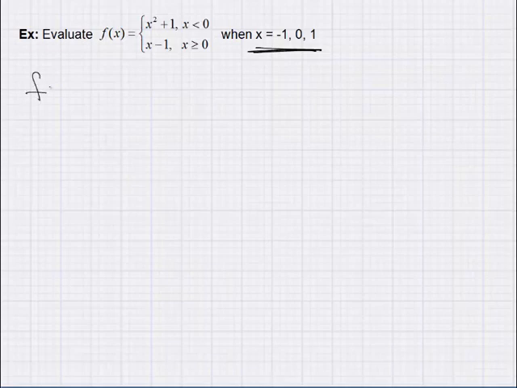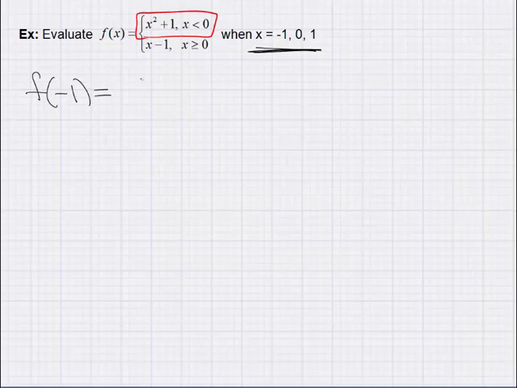Let's find f of negative 1. Well, if we want to find f of negative 1, I've got to know what piece to evaluate this function with. Well, negative 1 is less than 0. So if negative 1 is less than 0, I should be using this piece.